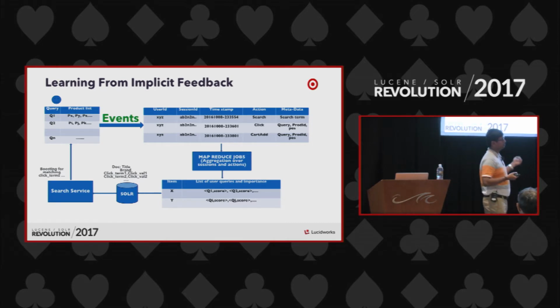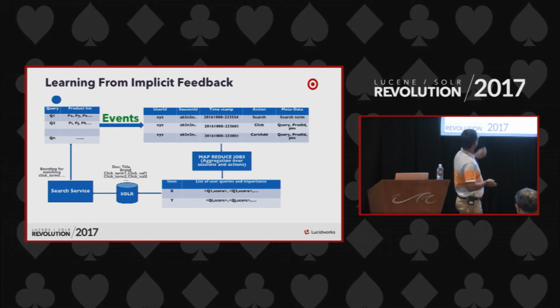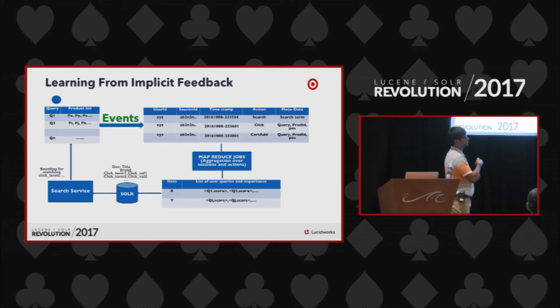How do we feed that back into the Solr engine? And how is it used at the time of search? So this is what I'm going to walk through in the slides that are coming up.